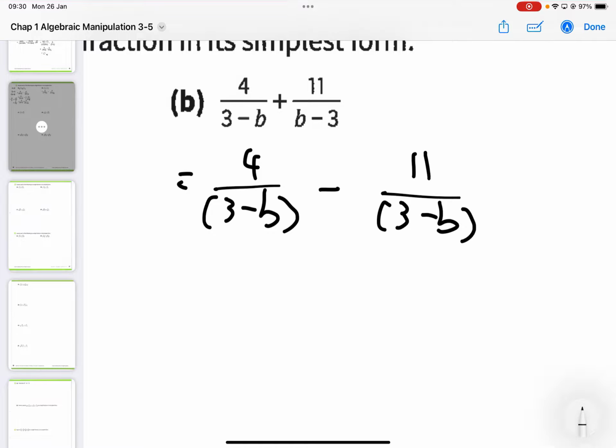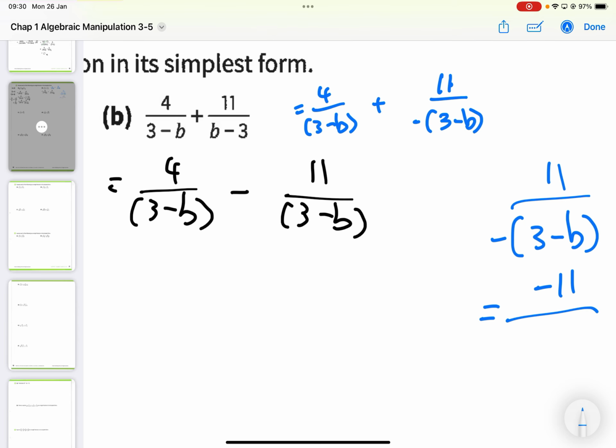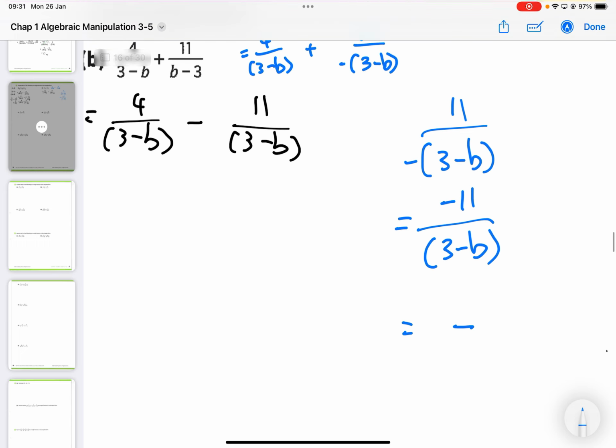If you need another line to see why it happened, what actually happened is I factorize out a negative sign, then it becomes 3 minus b. 3 minus b having a negative sign is the same as the negative sign on top, below is positive. It is also the same as negative put beside, and then both the top and bottom I write as positive.